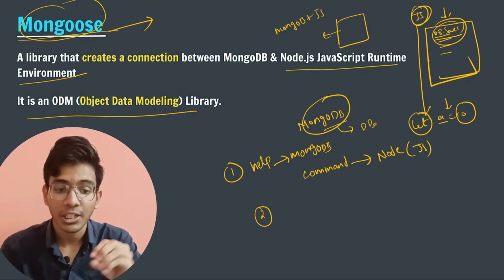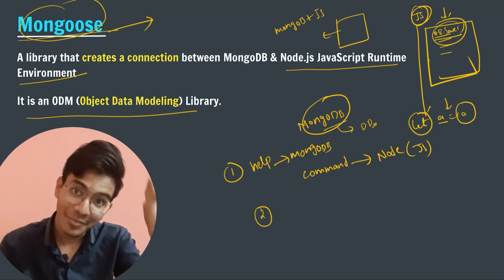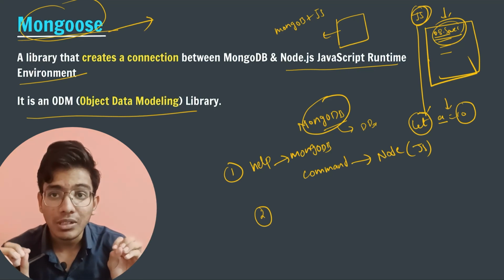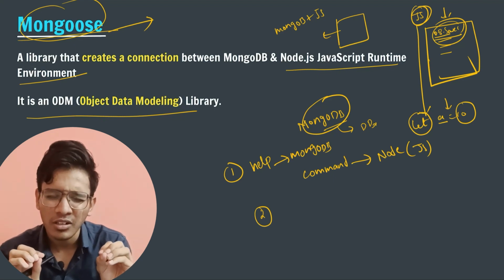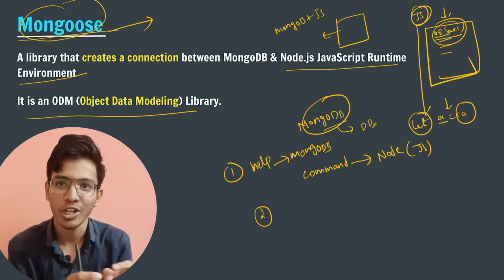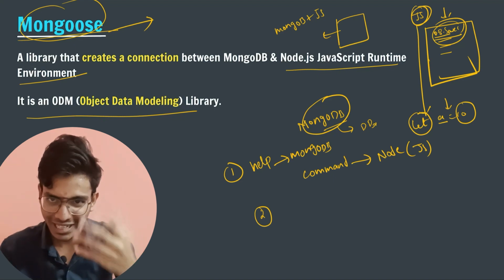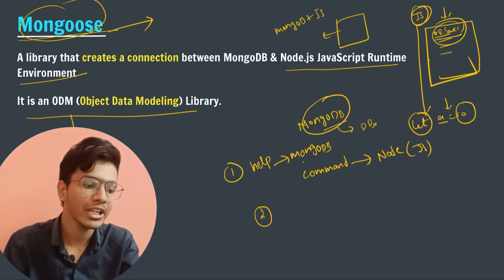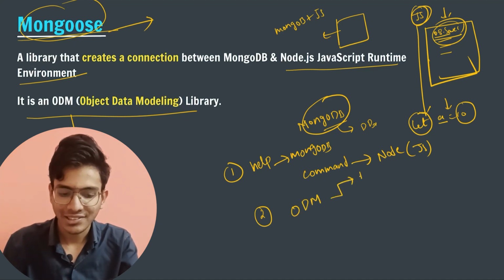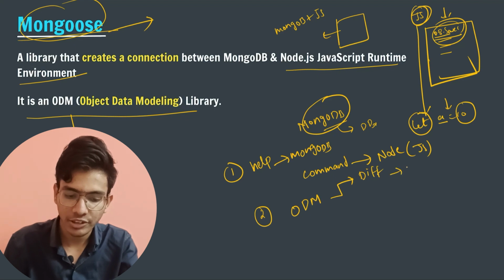My JavaScript file should understand which is a MongoDB command and which is a normal JS command. To tackle this, to find which is MongoDB and which is JavaScript, we use the ODM library.